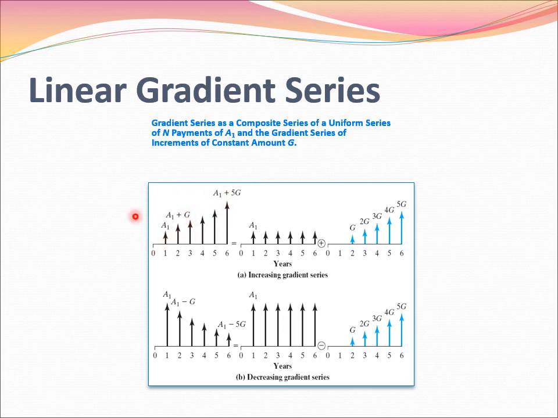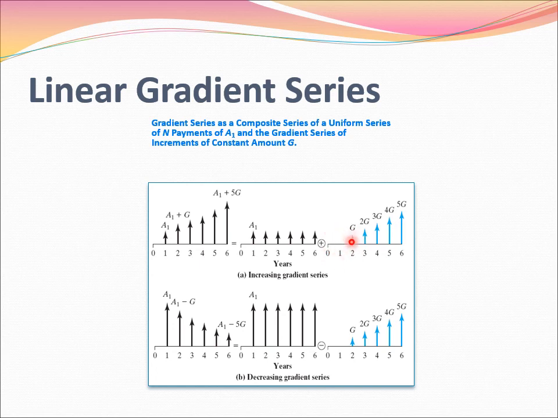And in order to find the present or future values of this one, we don't know the formula for this. Okay, the linear gradient series formula is not for this structure. You should memorize it. The formula is for this structure. So at the end of the first period, there's no payment.